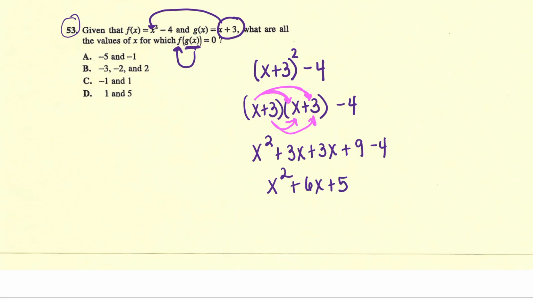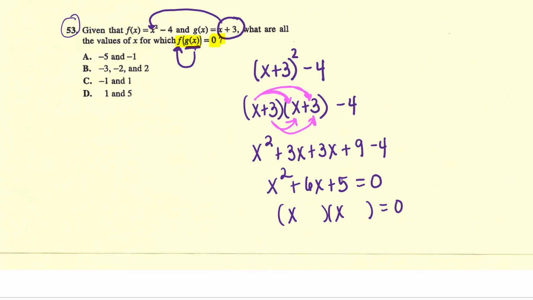But notice this one was just a little bit different, which is why it was probably number 53. It says not only to just find that, but find that and set it equal to 0. So we will take what we found and we will set this equal to 0. Well, that's a situation that needs to be factored. What multiplies to get x squared is x and x.